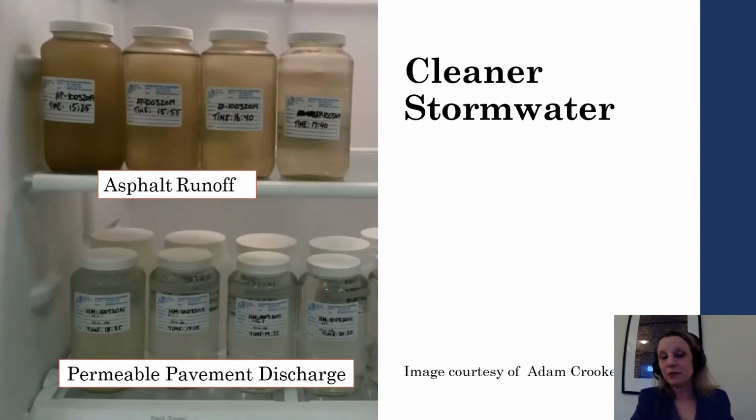Permeable pavements will still produce discharge if they have an underdrain, a design that is very common throughout all of Canada. And that discharge water, even if it is connected to a downstream sewer, is going to have improved water quality. As we can see in the photo here, we have water from that same rain event that we just saw in that video.